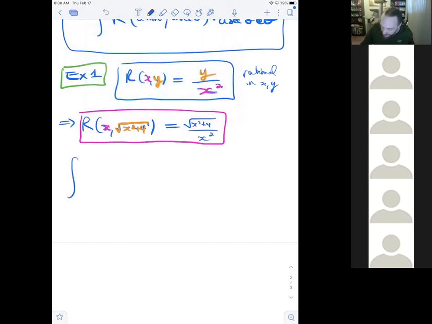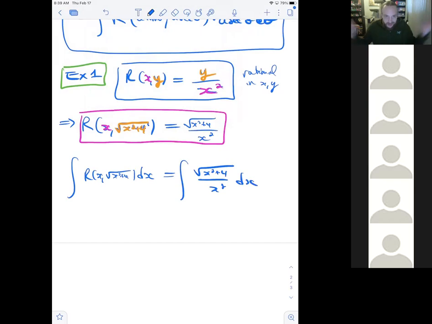So now what's the integral of r of x, square root of x squared plus 4, dx? This is equal to the integral of what you're used to seeing, less abstract. That's what we're talking about. In general, this is how the general technique of trigonometric substitution will work on these rational type functions if the variables are x and the square root of those guys.